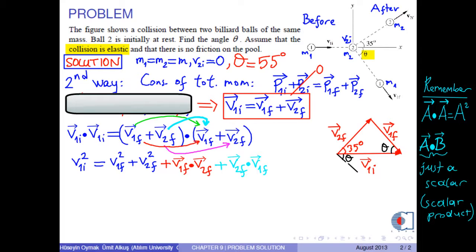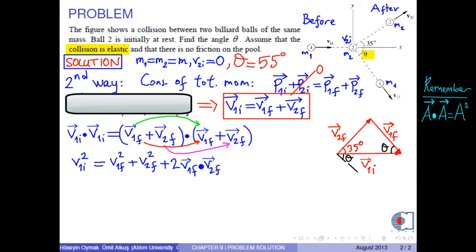Since dot product of any two vectors is just a scalar, change in the order of the dot product does not change the result. Therefore, we write v2f dot v1f as v1f dot v2f. Then we obtain 2 times v1f dot v2f.